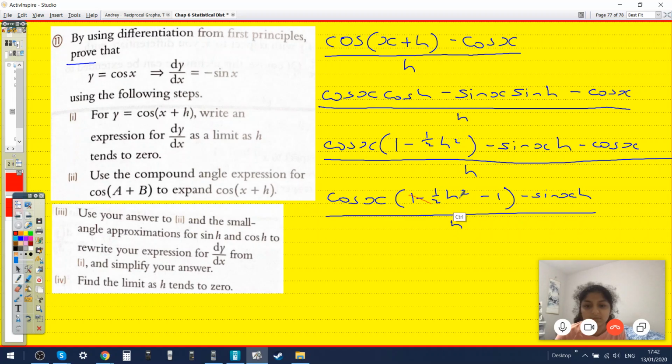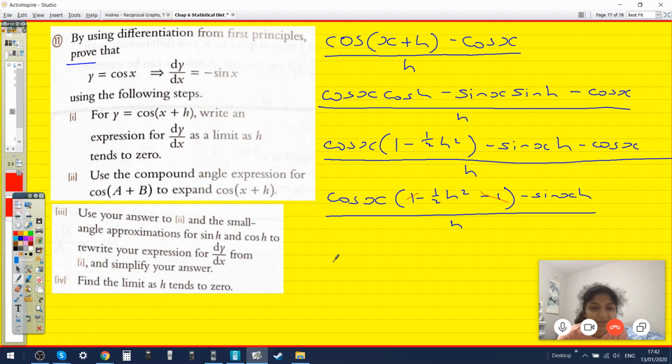What do you do next? Find the limit as h tends to 0. So since you have cos x times minus half h squared, that would equal 0, and sine x h would also equal 0. And you'd also divide by 0?